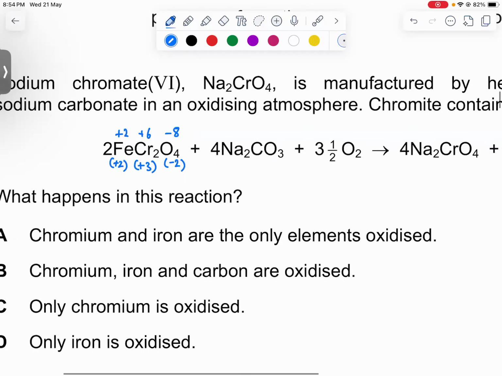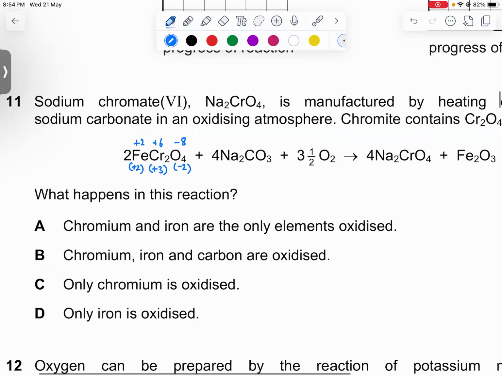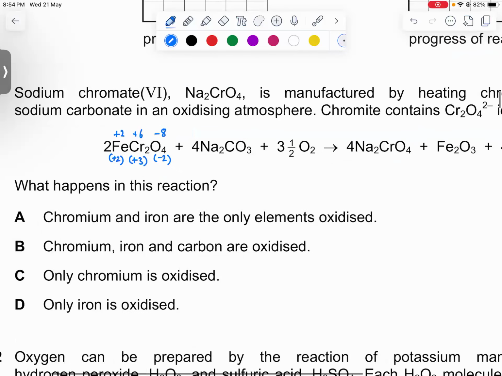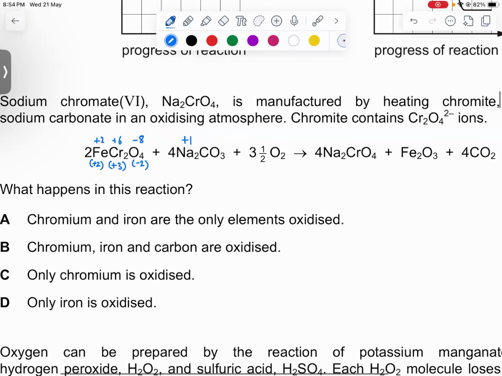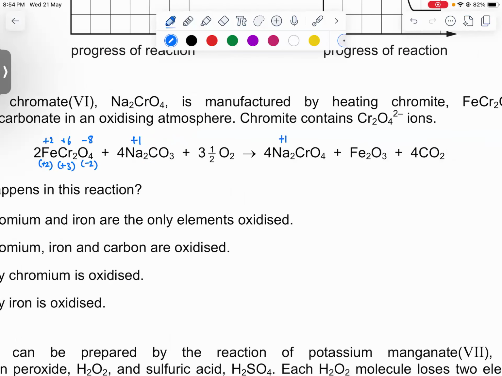And the next thing is sodium. Sodium is +1 over here. It is always +1, and even in a compound it is still +1. O3 is -6, so C must be +4. Sodium in total must be +2 because one sodium is always +1.